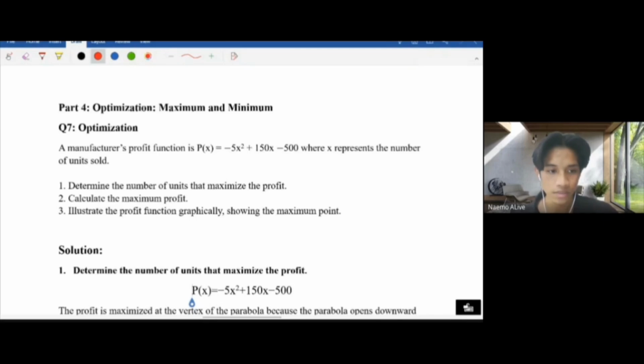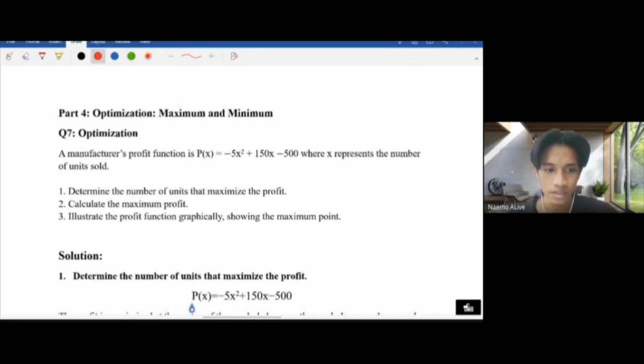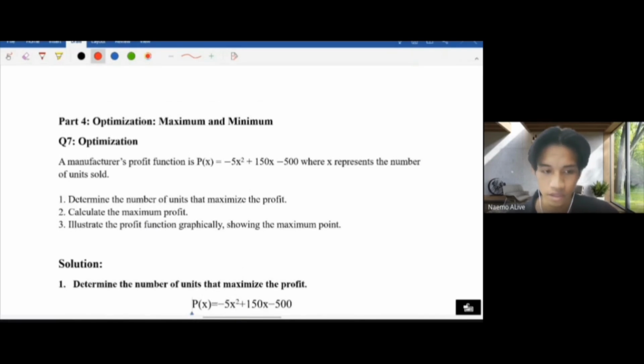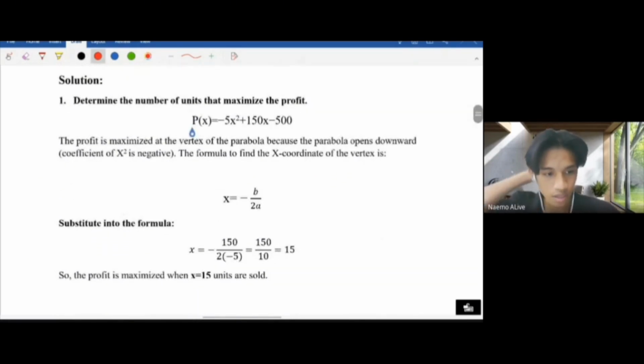Number one is determining the number of units to maximize profit. Here, the profit function is given as P(x) equals minus 5x squared plus 115x minus 500. Here, x represents the number of units sold.